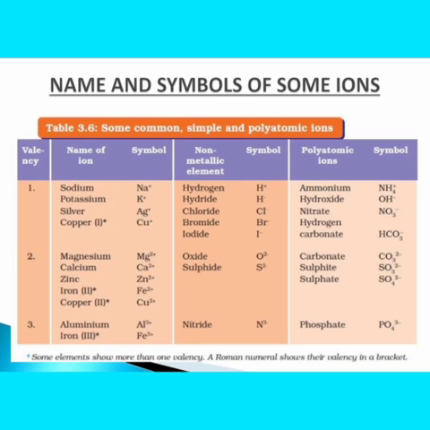First, coming to the name of an ion: sodium, potassium, silver, copper, magnesium, calcium, zinc, iron, copper, aluminium and iron. So these are the names of ions.